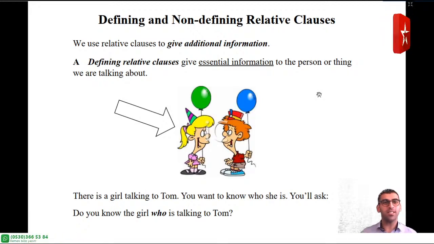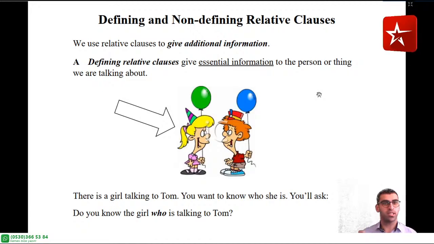So let's start with the defining relative clauses. Why do we use defining relative clauses in English? Why do we need them and how can we use them? The first thing is using the relative clauses for giving additional information.